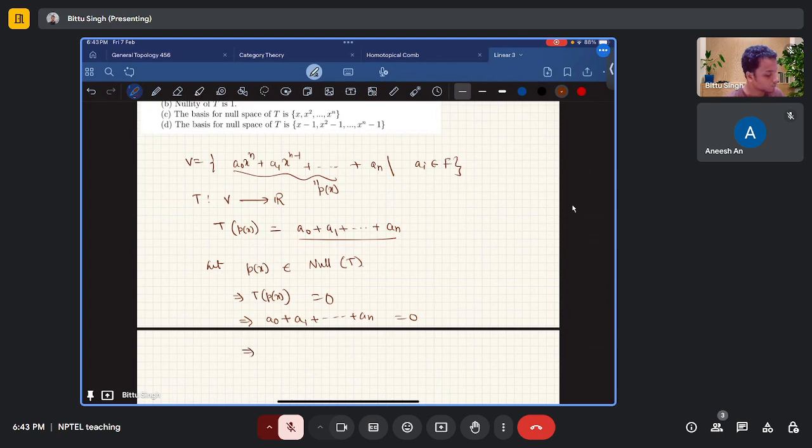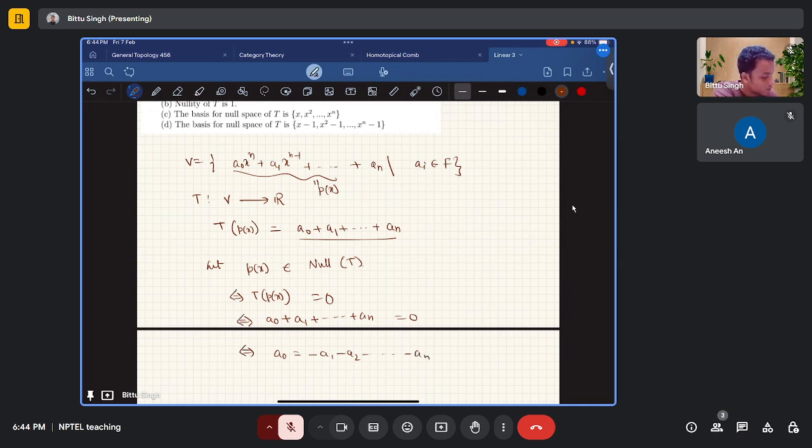Alternatively, we can say that a0 can be written as minus a1 minus a2, dot dot, minus an. Those are actually equivalent.